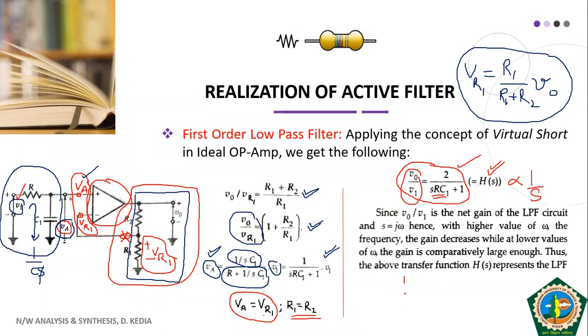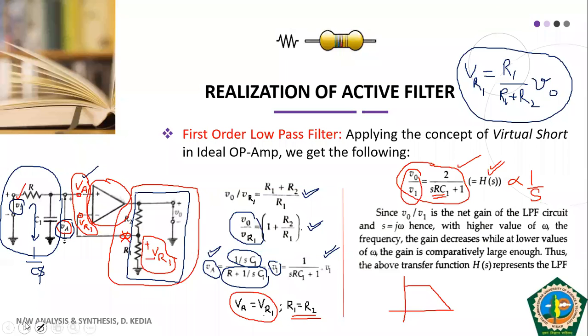So it acts like a low pass filter: it passes low frequencies and attenuates high frequencies. This is the working of your first order low pass active filter. I hope each and every student has understood this.